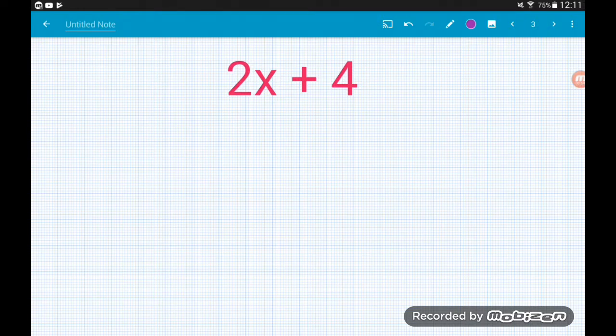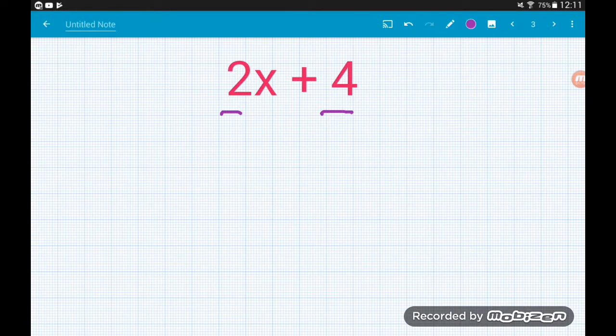So when we're factorising, we look at our terms and ask ourselves, right, what number is common to both terms? So what is common to 2x and 4? Well, it's a factor of 2. 2 goes into 2x and 2 goes into 4.